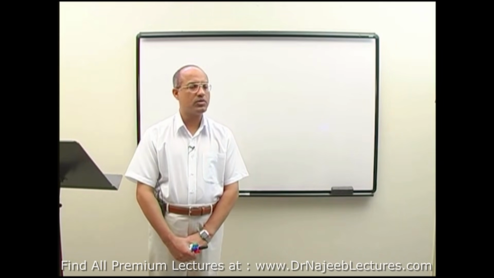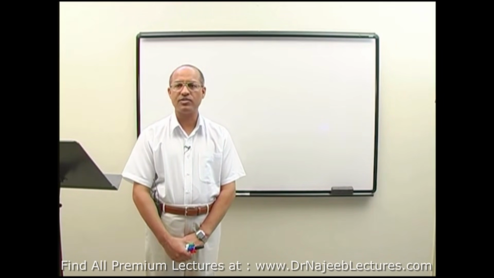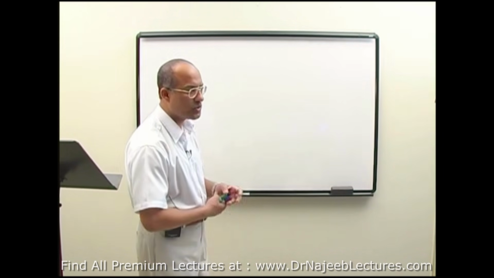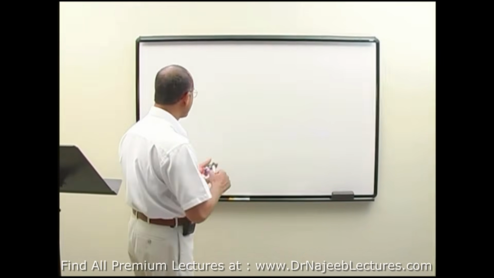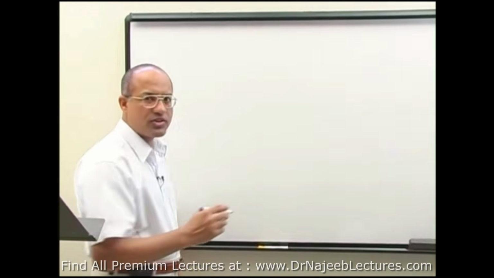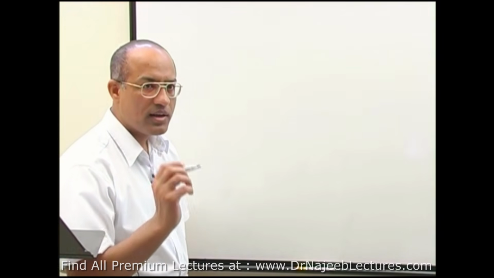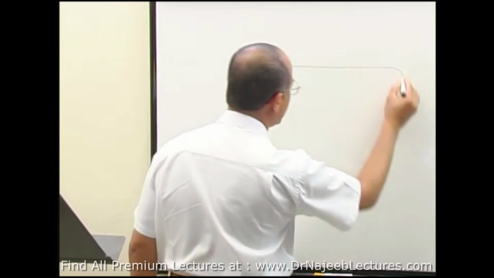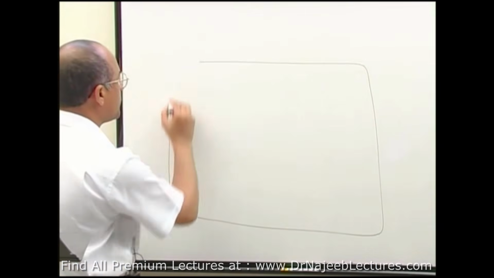Now we will talk about the intracellular signaling mechanism for beta receptors, beta 1, beta 2 and beta 3. The good news is that the intracellular signaling mechanism for beta 1, beta 2 and beta 3 are the same. So let's study the beta 1 intracellular mechanism.